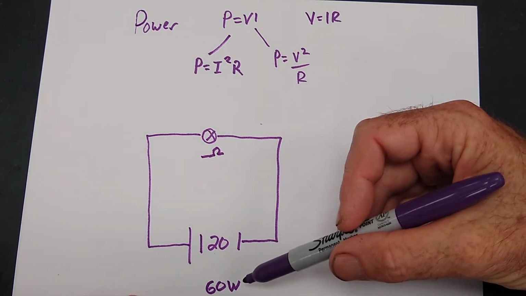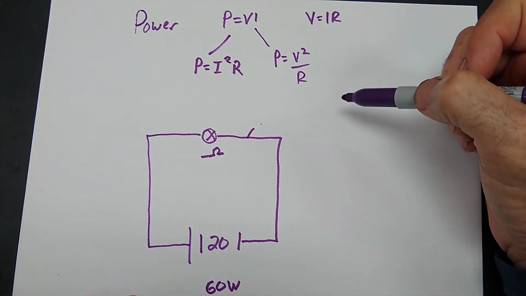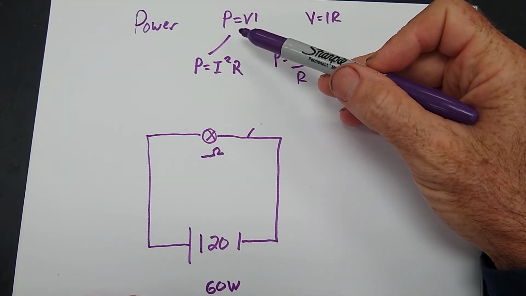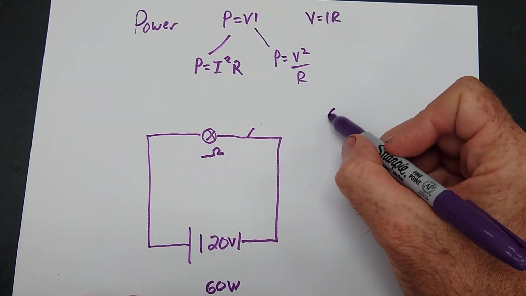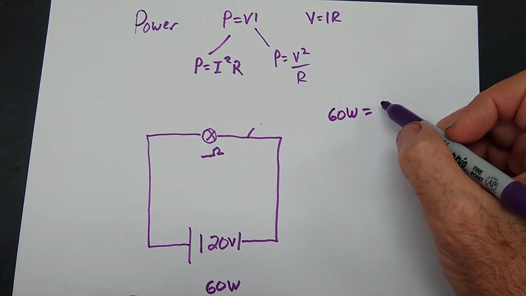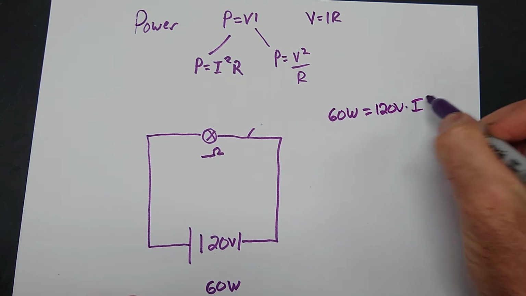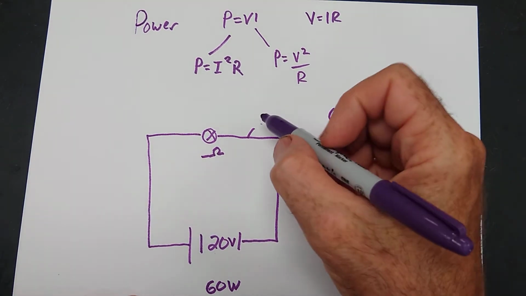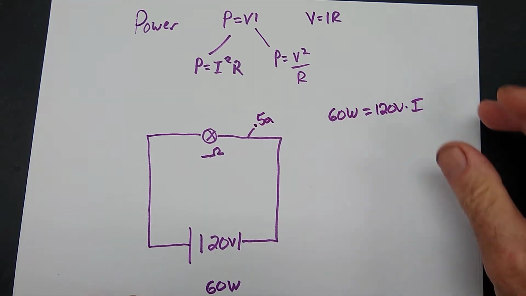Here's what I would do. First thing, I would want to know what the current was in this circuit. So using P is equal to VI, I would say 60 watts is equal to 120 volts times what current? So now I know the current here is 0.5 amps.